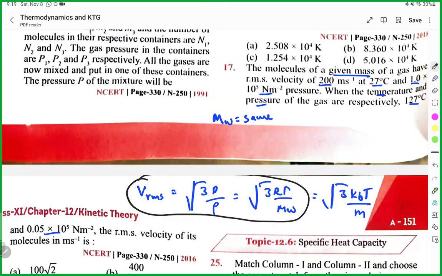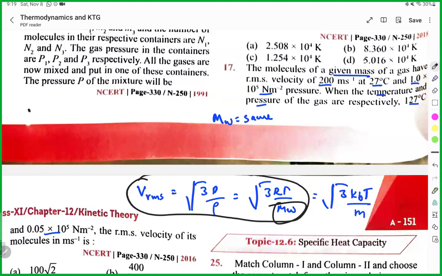Given mass, so molar mass is the same because you have the same gas. Temperature is changing and pressure is changing. It's your choice whether you want to take temperature or pressure. If you want to take temperature, just take temperature, forget pressure.